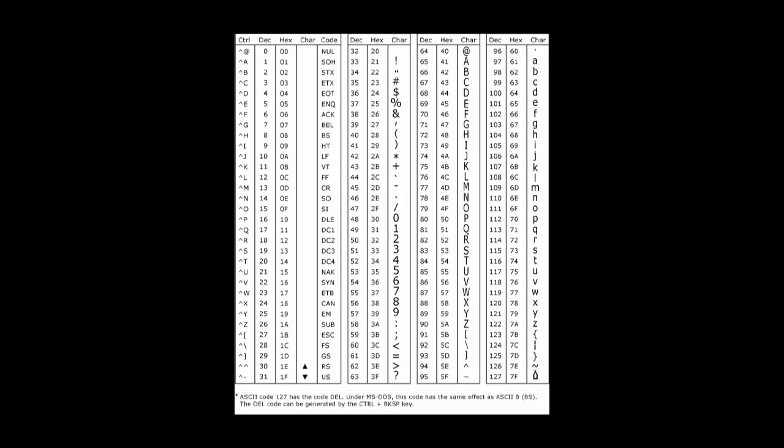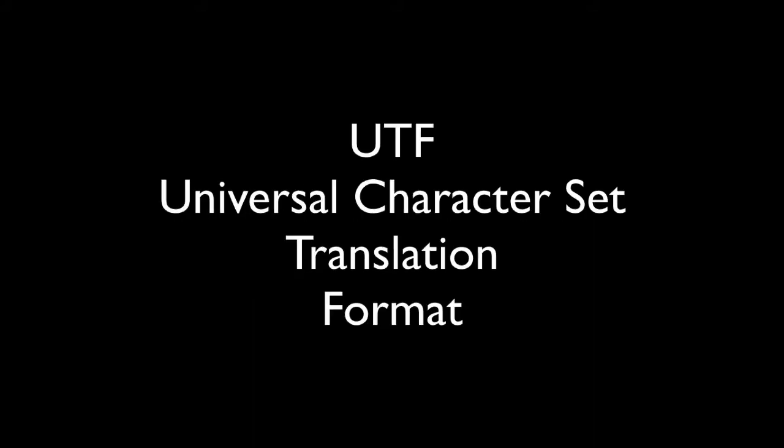So what's happened over the years is that people have come to accept that ASCII is an insufficient set of symbols for many languages, and now people are moving from ASCII to something called UTF, which you don't even need to know. U is Universal Character Set Translation Format. You'll see this abbreviated as UTF.